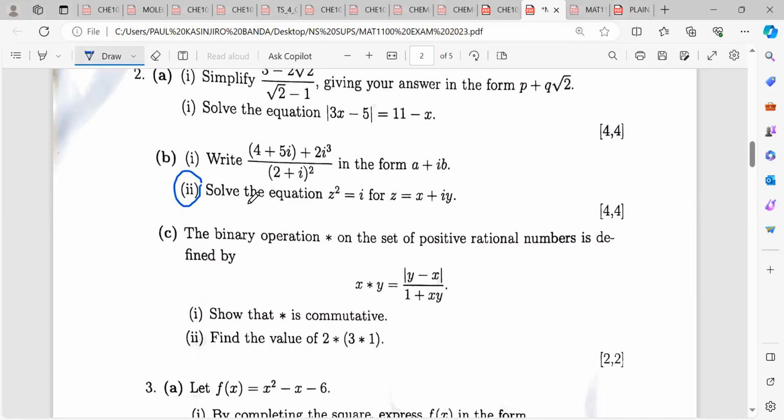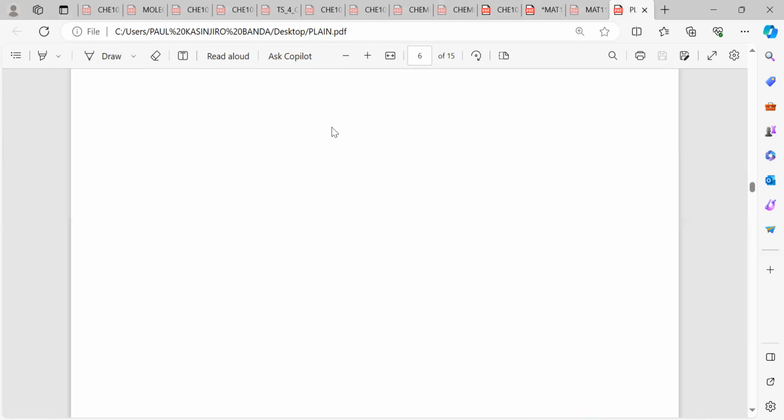So the question reads: solve the equation z squared is equal to i, where z is equal to x plus iy. In short, we are solving this, given this. Let me go to my plain papers.